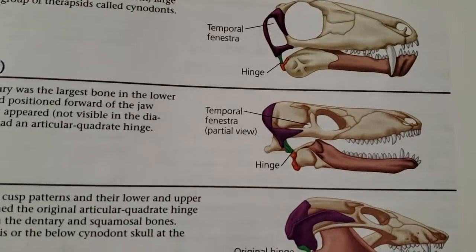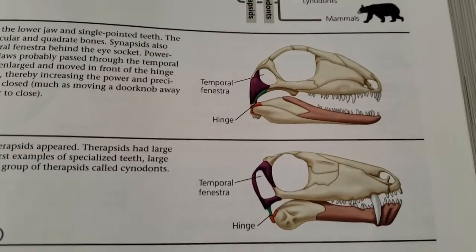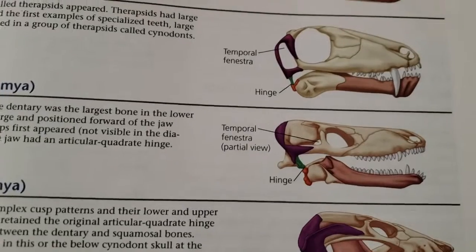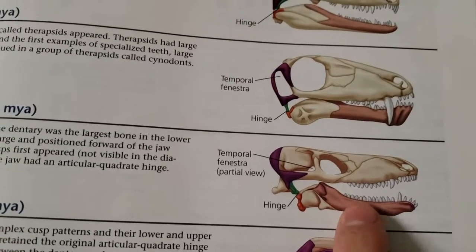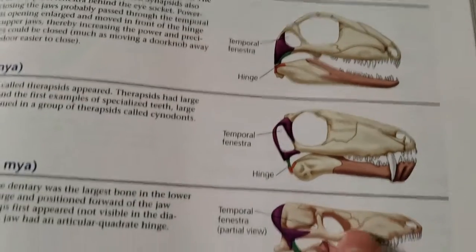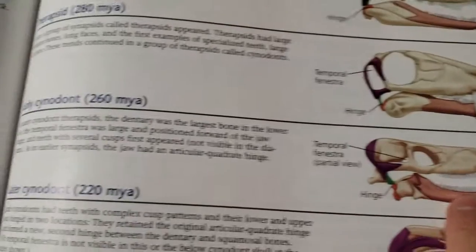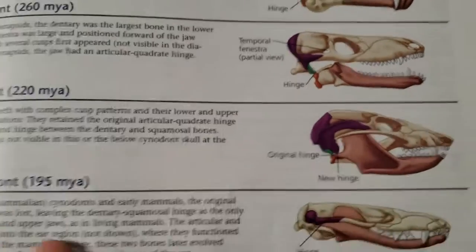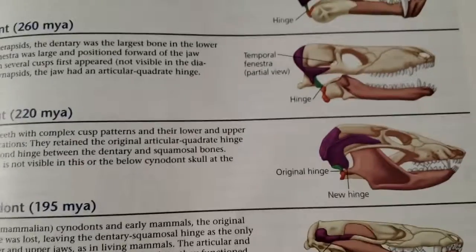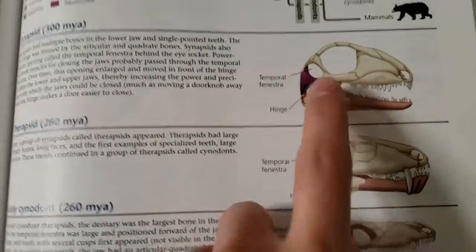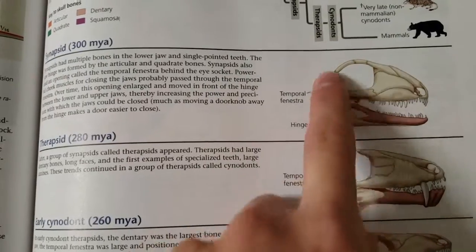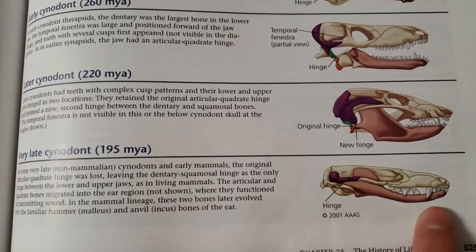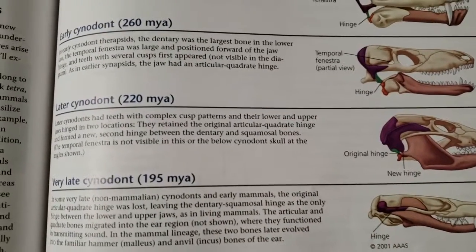When it's talking about the dentary, I actually don't know which one they're talking about. I'm assuming they're talking about these bones, or maybe the teeth. Over time it evolves and changes from this sort of rounder, clunkier shape into a much flatter and more streamlined shape.